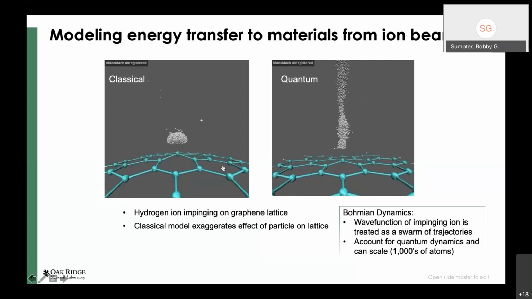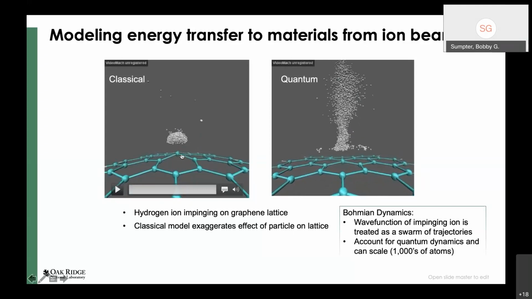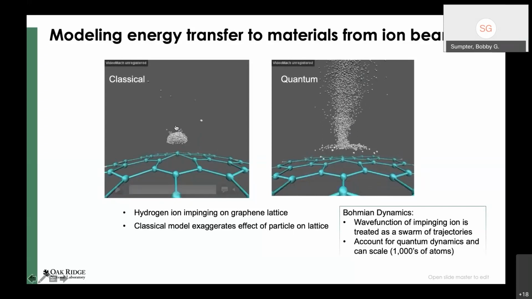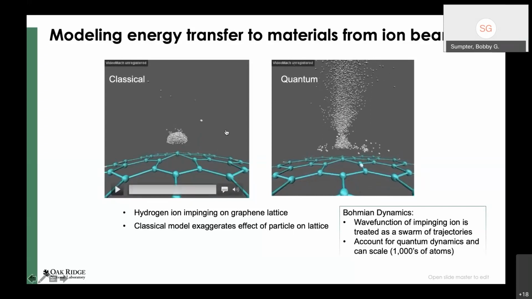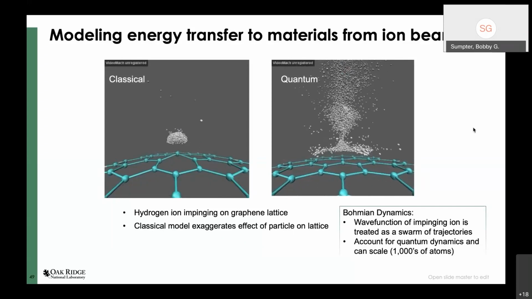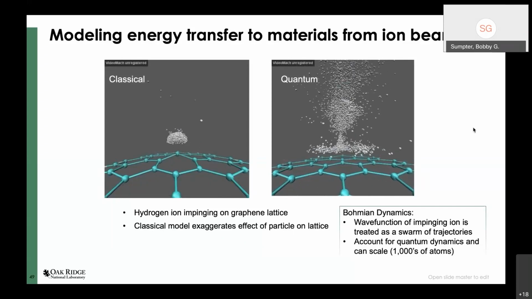So the classical is overestimating the amount of energy transfer and therefore the chemistry that can occur in this particular calculation. So quantum does matter, but it doesn't matter for everything, is the caveat. And so again, as I mentioned earlier, we have to be careful with where we apply our particular approaches and make sure that we apply them for the right length and time scales.